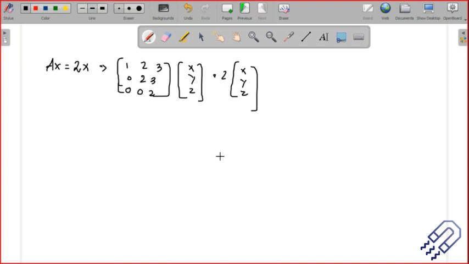If we just solve this, the first one would be x plus 2y plus 3z is equal to 2x. The second one, this x is 0, so it is 2y plus 3z is equal to 2y. And the third one is 2z is equal to 2z.